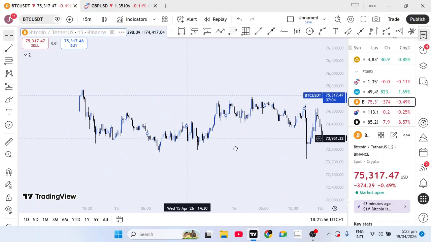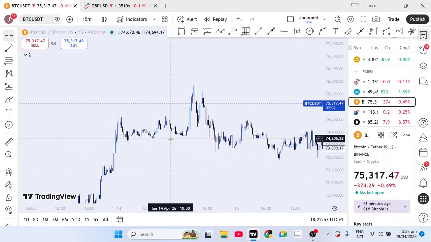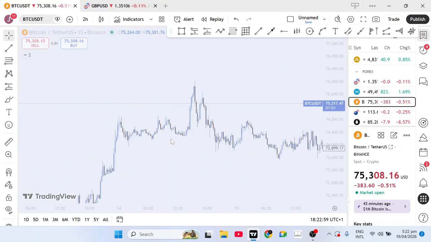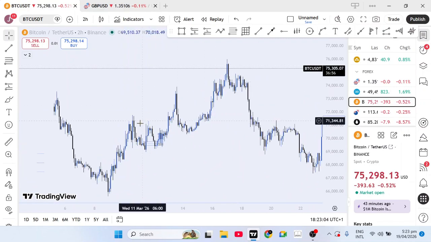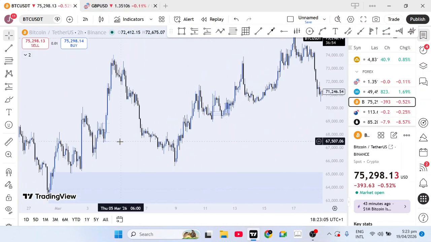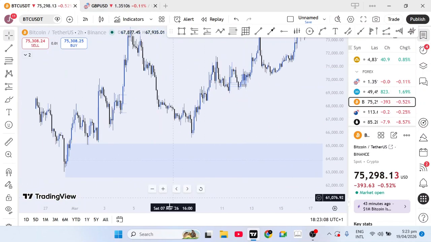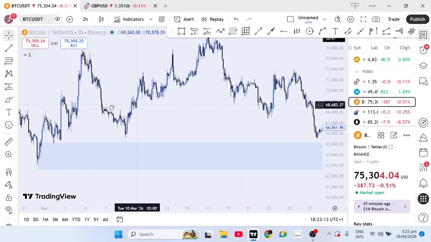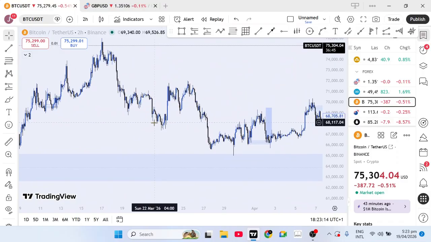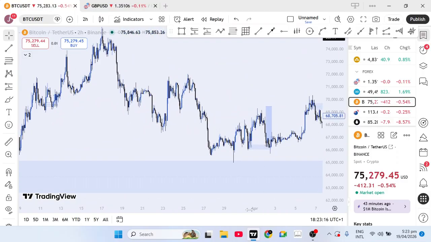Let me go back a little and find that trade. Yes, this was around this level. So this is a trade on BTC USD that we took.